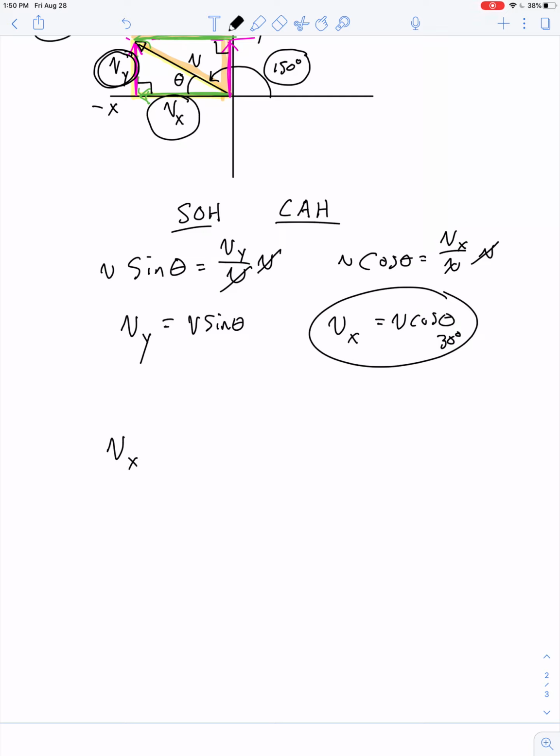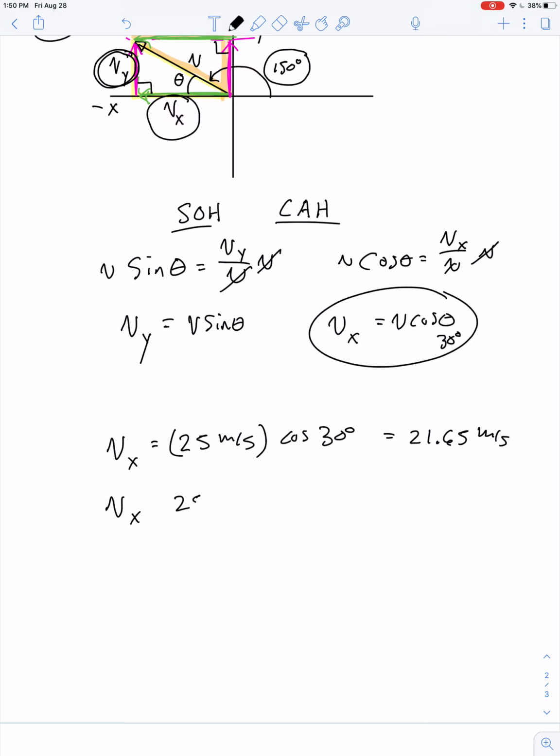So if we said Vx is equal to V cosine theta, 25 meters per second times the cosine of 30 degrees, you grab a calculator and see what you get. So that would give you about 21.65 meters per second.